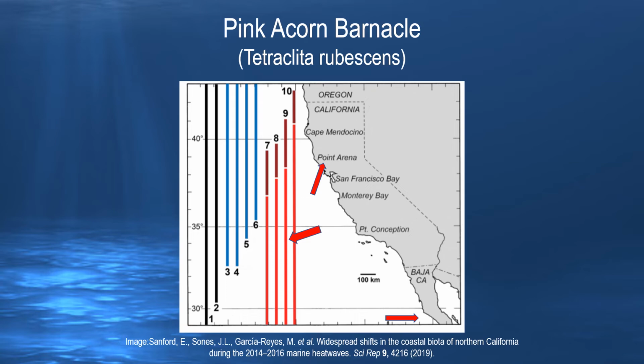Now you can see that there's a darker red bar that extends from that distribution line that indicates the geographic range expansion to current poleward boundaries scientists have observed up to year 2015. So now you can see that the pink acorn barnacle's distribution has now extended past Point Arena to Cape Mendocino.